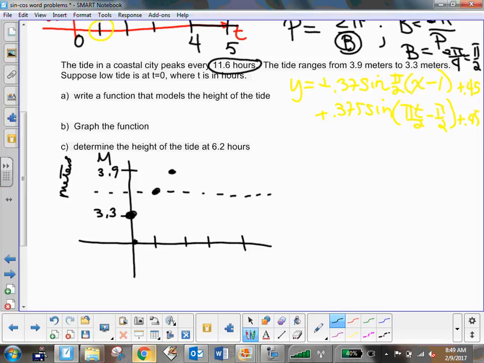What time is this? Where does it peak? What hour, how many hours does it peak? 11.6, right? And then it's going to be at average and then low. So there's my graph. So now we've got some work to figure out.